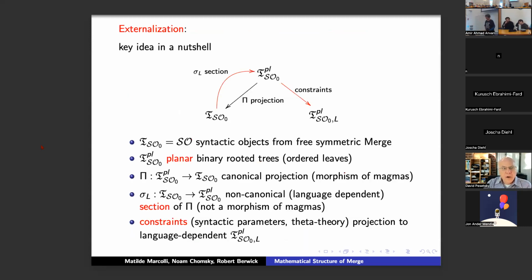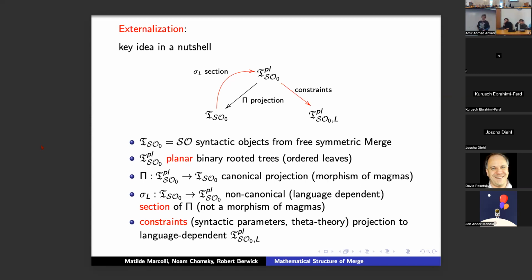So far, everything happens in this symmetric world where the merge operation is commutative, my trees don't have a planar structure, and the leaves of the tree are not a directed set.